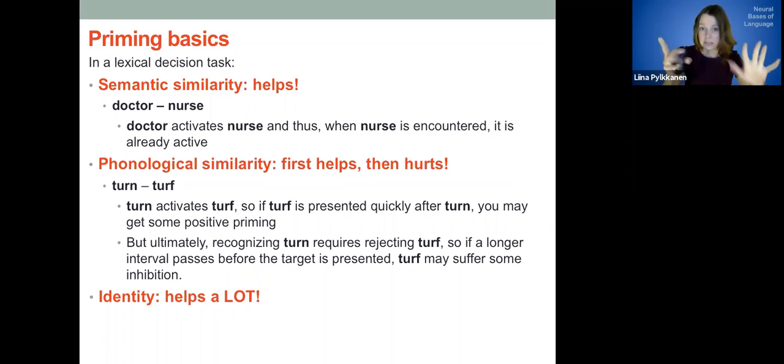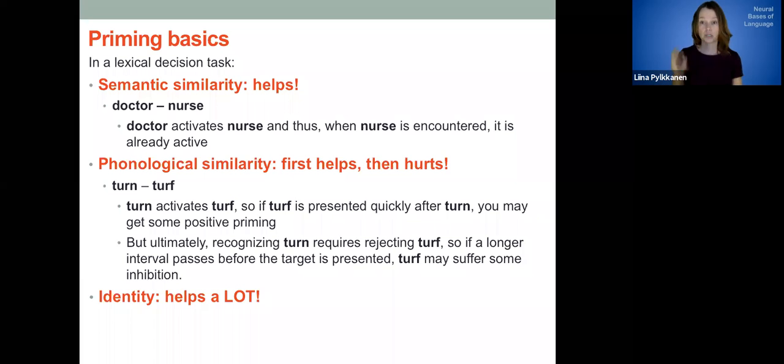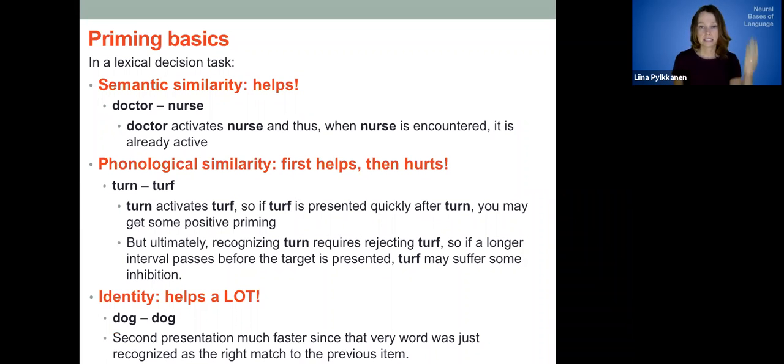But in contrast, identity priming is straightforward. So this is repetition priming. You get exactly the same word twice. So this is like the dog priming, and it's straightforwardly facilitatory. So the second presentation of a word is much faster, since that very word was just recognized as the right match during prime processing.